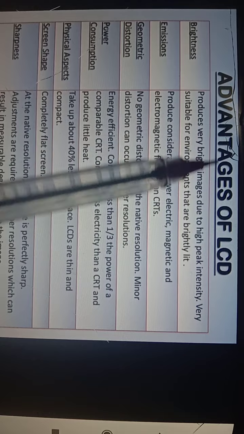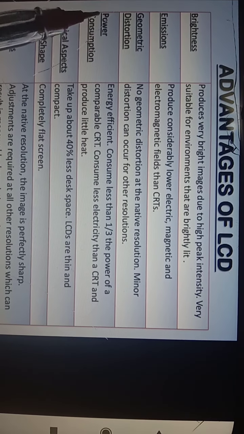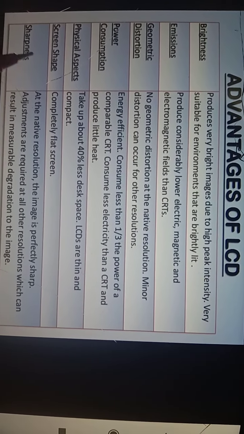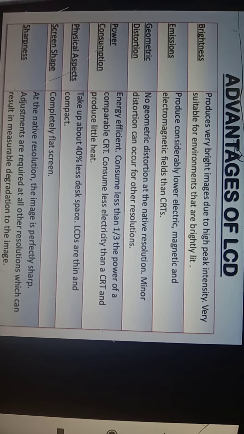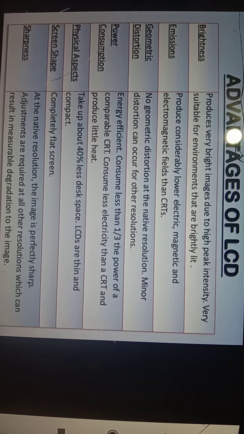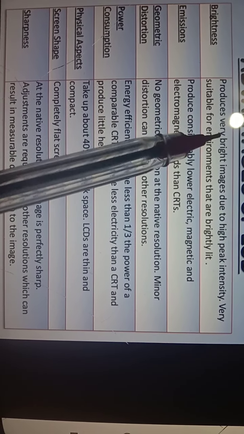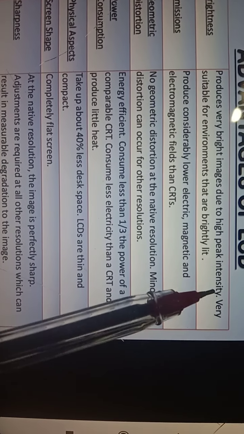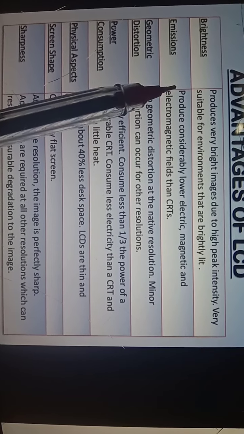These are the advantages of LCD: brightness, emissions, geometric distortion, power consumption, physical aspects, screen shape, sharpness. Coming to brightness, it produces very bright images due to high peak intensity, very suitable for brightly lit environments.